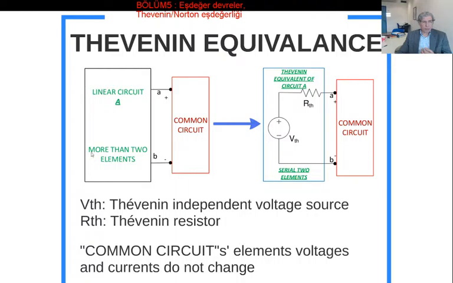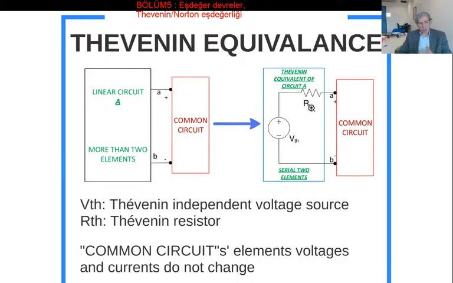You are replacing all these elements with just two elements in serial with each other: one of them is an independent voltage source, the other one is a resistor. The independent voltage source voltage is called the Thevenin voltage. This resistor is called the Thevenin resistor.